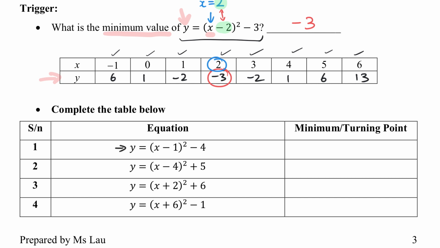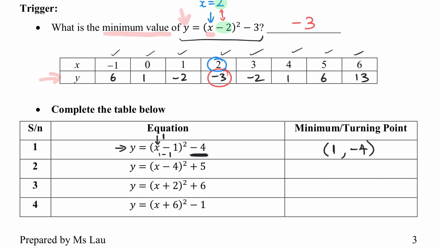To get the minimum or turning point value of y, I'm going to choose the zero pair of x, which turns out to be +1. So my turning point will take on the x value of +1, and I'm only going to be left with -4. Why is that so?